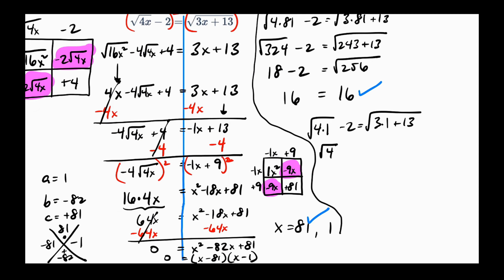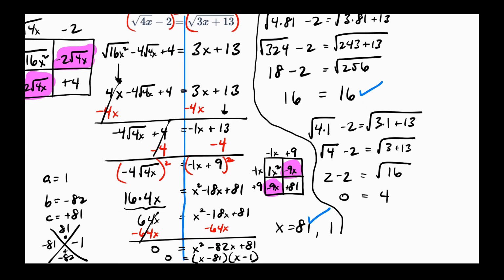Okay, so I get square root of 4 minus 2 equals 3 plus 13, because 3 times 1 is 3. 2 minus 2. 0 equal 4. Nope. 1's extraneous. One is extraneous because when I plugged it back in, it gave me a wrong answer. 0 does not equal 4.